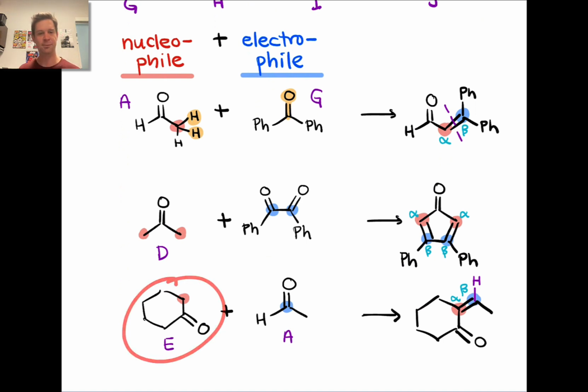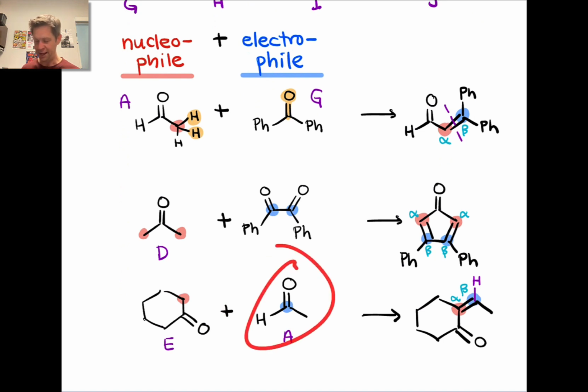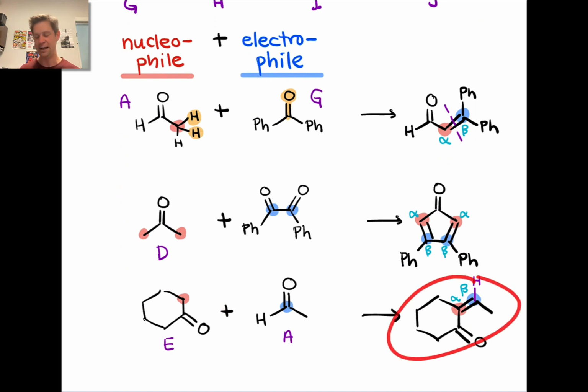We could use LDA to make the enolate of this, add in A, and then work up with acid or heat and base over time to get the alpha-beta unsaturated carbonyl compound. This one requires a little bit of extra care because, unlike in the first two cases, we have the possibility of a problematic crossed aldol situation, right, with an enolate possible here or here. To avoid that, directed aldol condensation would be the way to go here.